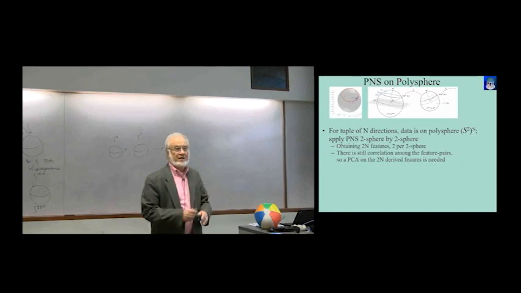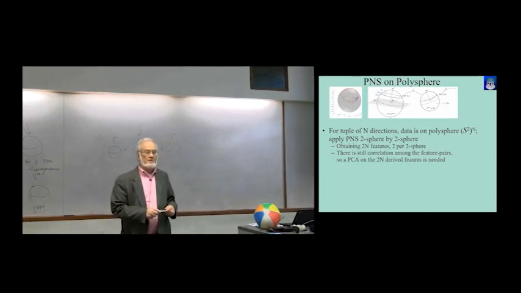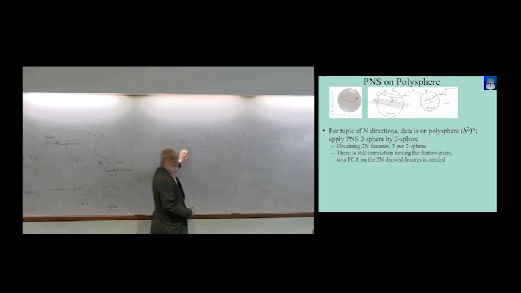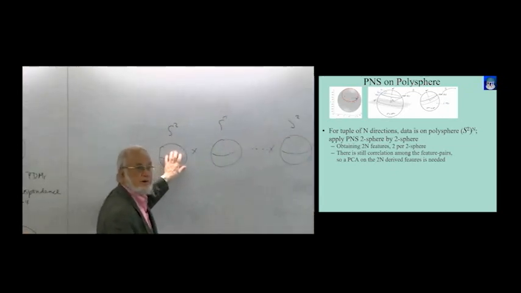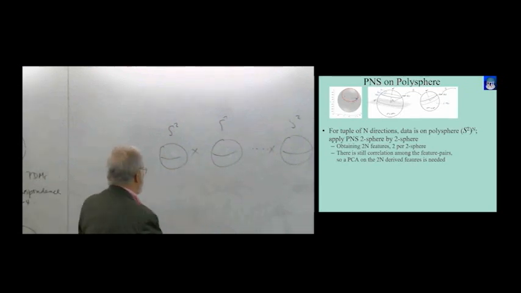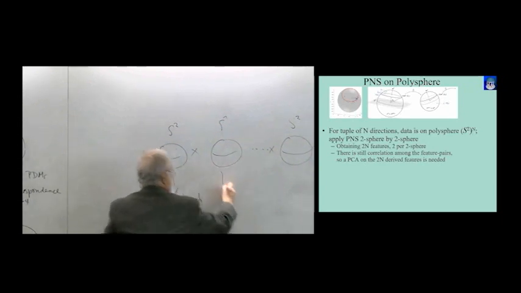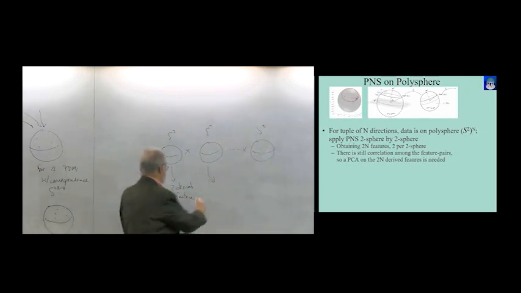There are two ways that people have developed for doing that. The simplest one is, don't bother me with 100 dimensions. Let's lower this guy by itself, just to do ordinary two-sphere analysis, and thus yield two derived features. And on this guy, we'll also generate two derived features.